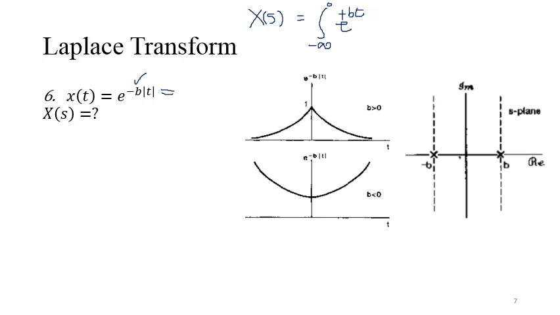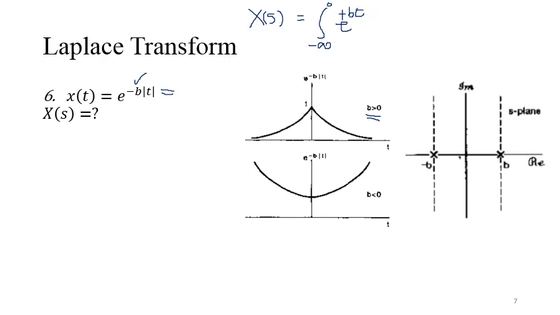For example, if b is positive, then moving from 0 towards negative infinity it will be decaying. Similarly, moving from 0 towards positive infinity, again it will be decaying. But if b is negative, the two negatives make it positive, so the signal will be exponentially growing irrespective of whether t is positive or negative.